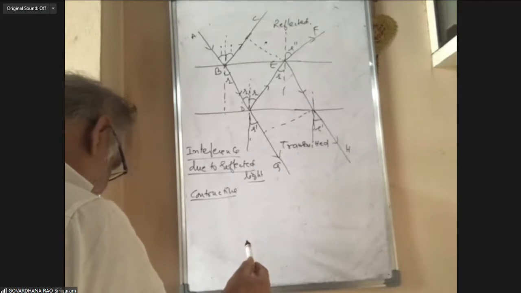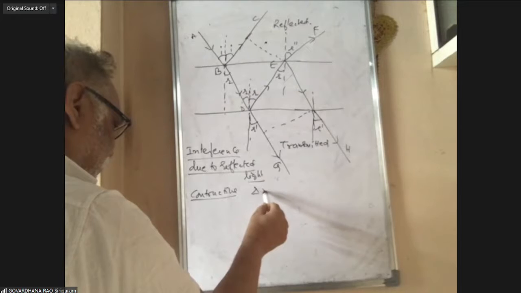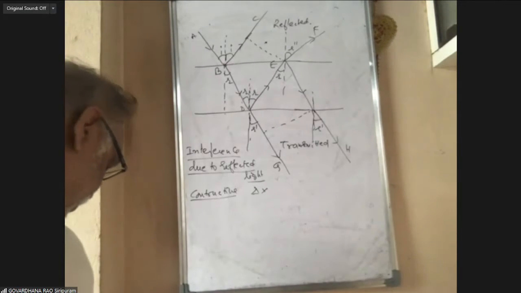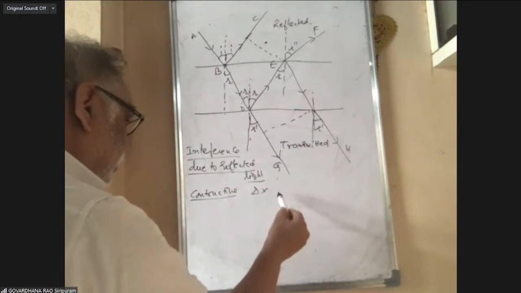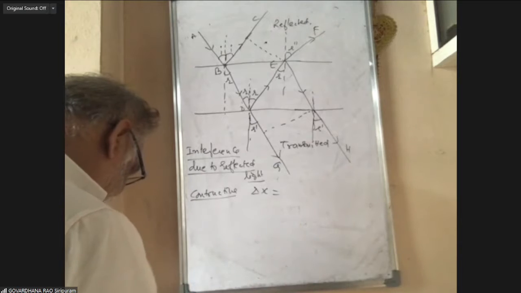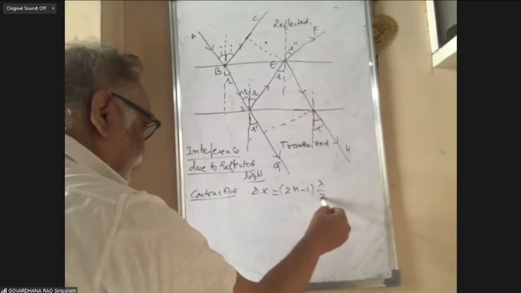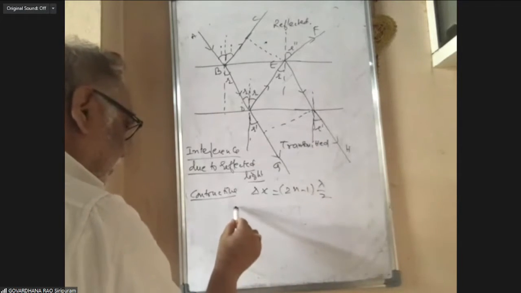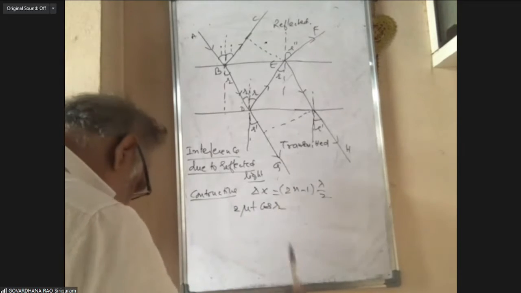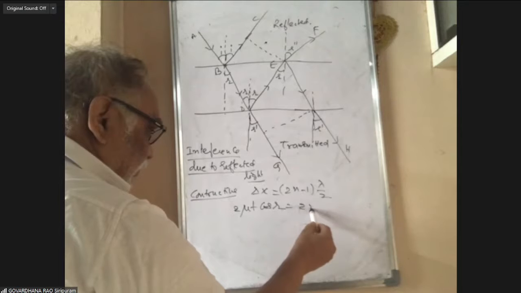For constructive, the path difference delta x, okay, how much is it? It is equal to 2n minus 1 into lambda by 2. That is 2 mu t cos r equal to (2n minus 1) lambda by 2.